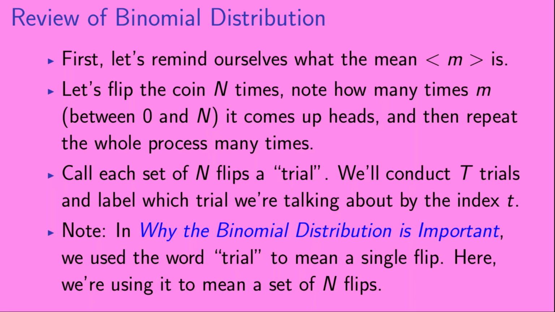We'll conduct t trials and label which trial we're talking about by the index little t. And we should note that in the video Why the Binomial Distribution is Important, we used the word trial to mean a single flip. Here we're using it to mean a set of n flips.